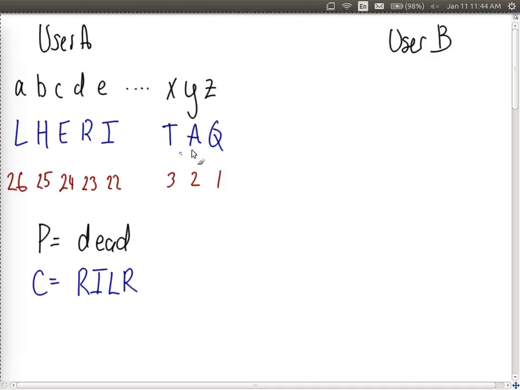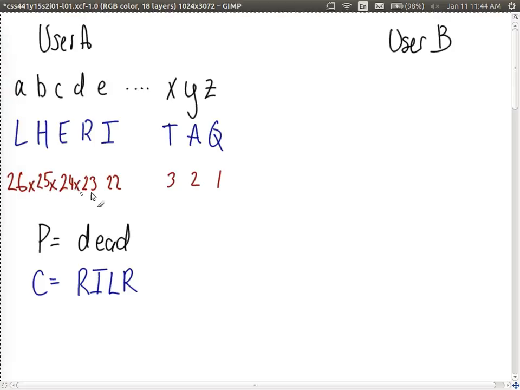How many possible combinations do we have here? What's the answer? 26 factorial. 26 times 25 times 24. That is, for the first letter, I can choose from 26 values. For the second letter, 25. So the number of possible combinations there are 26 times 25. For the next letter, 24.